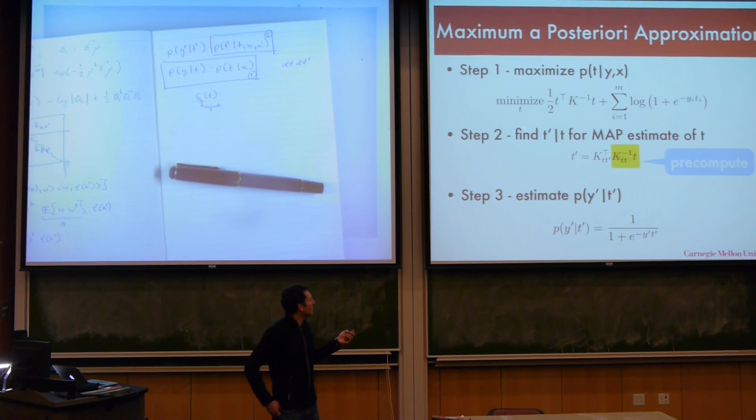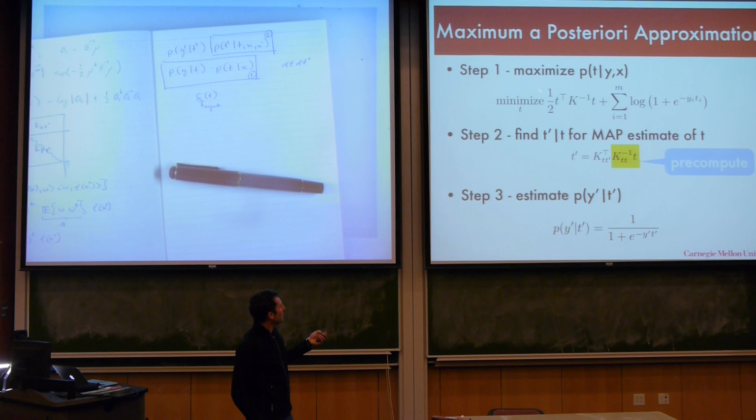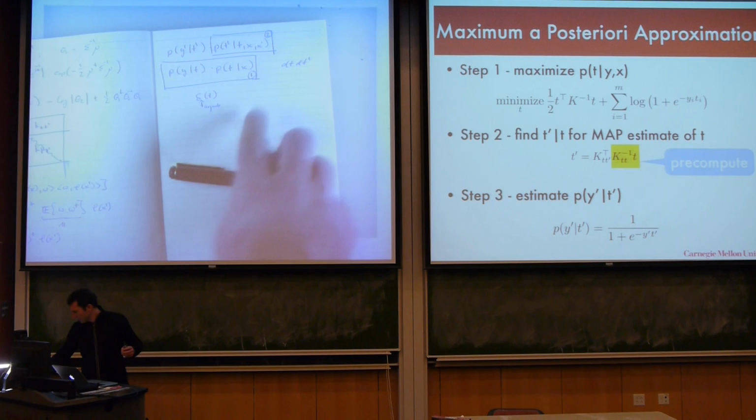So here's what we do. The first thing is p of t given y and x. Well, that's, up to the normalization constant, the prior in t. That comes from our Gaussian process, and I've set mu equals 0. Is everybody okay with where this part came from? This is really that term here.